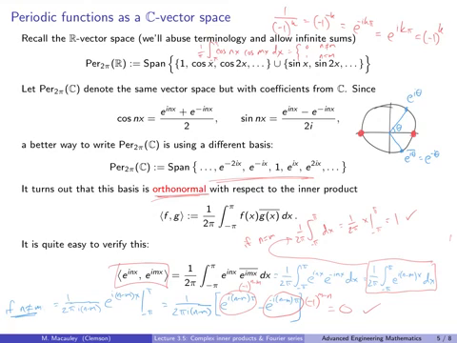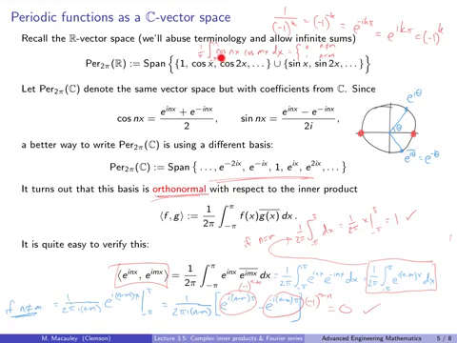Then we had to do the same thing for two different sine waves. And then we had to show that the inner product of a cosine and a sine was always 0. And then we really had to do it for one with a cosine and one with a sine. And this integral is not fun to do.